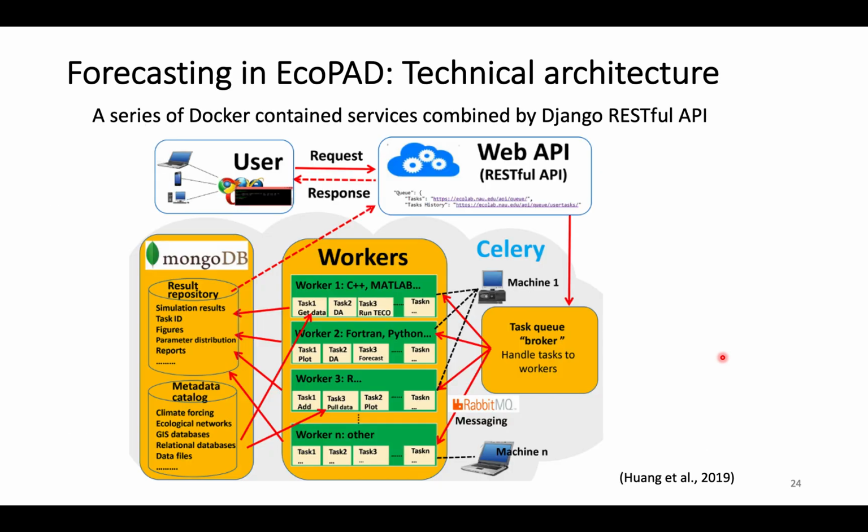The technical architecture behind the user-friendly interface is realized by a series of Docker-contained services. These services include user response, data management, and task execution, which are scalable across multiple machines, and efficient scaling of the tasks. More detailed introduction is available in Huang's paper.